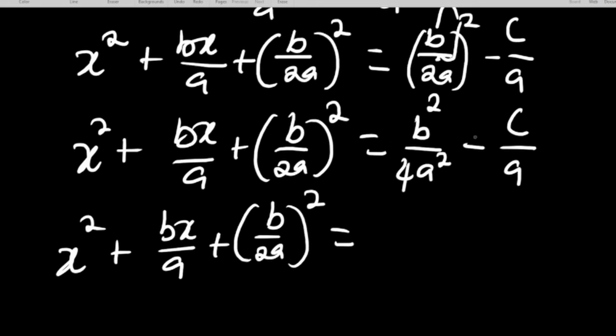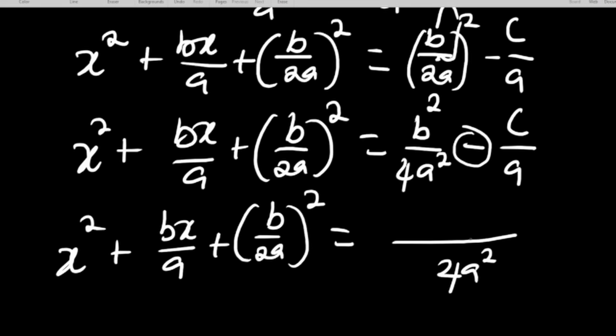So how do we subtract them? Since there is a subtraction sign, we're simply going to get a common denominator for the two fractions. The common denominator for 4a squared and a is 4a squared.